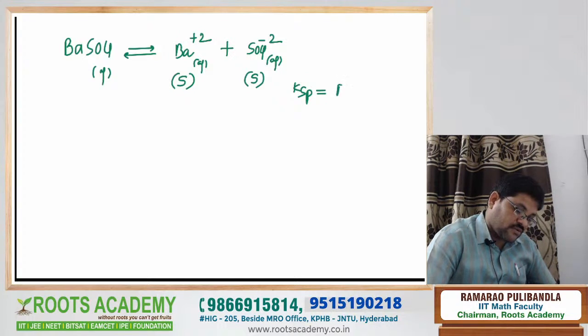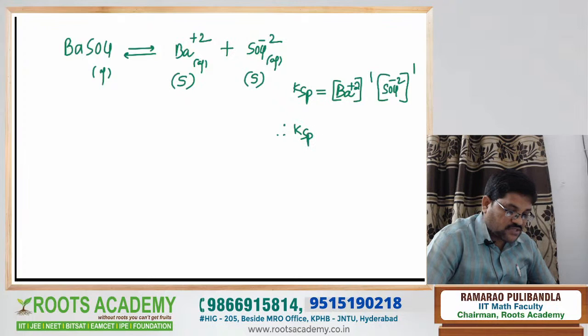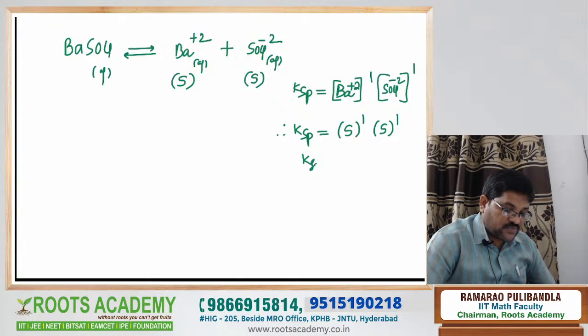Now what do you write? KSP is equal to the concentration of Ba2+ to the power 1, times the concentration of SO4 2- to the power 1. Therefore the KSP of the salt: the solubility of Ba2+ is S to the power 1, and the solubility of SO4 2- is S to the power 1. Therefore KSP is equal to S into S, that is S squared.